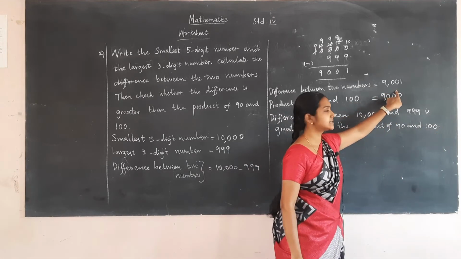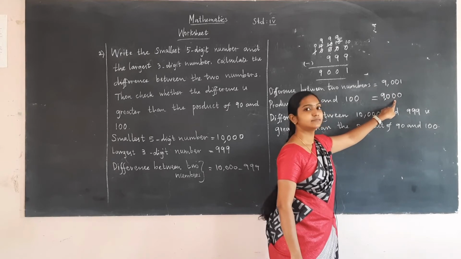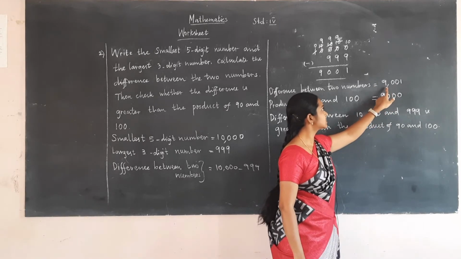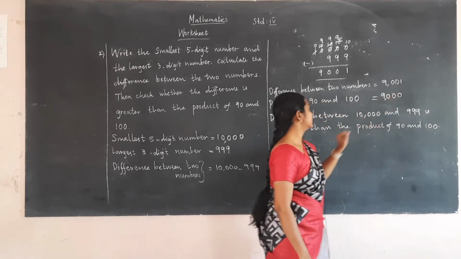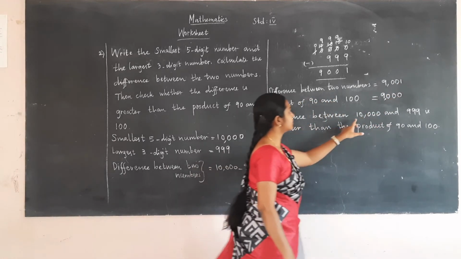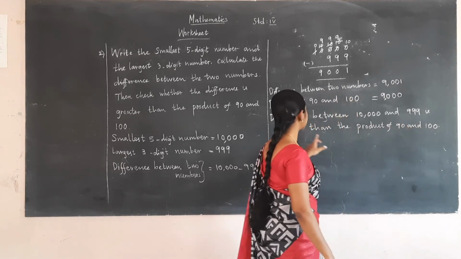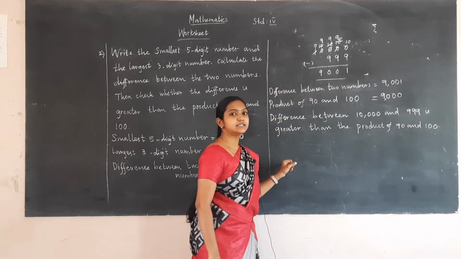This number is greater than this number because here one number is greater than this number. So the difference between 10,000 and 999 is greater than the product of 90 and 100.